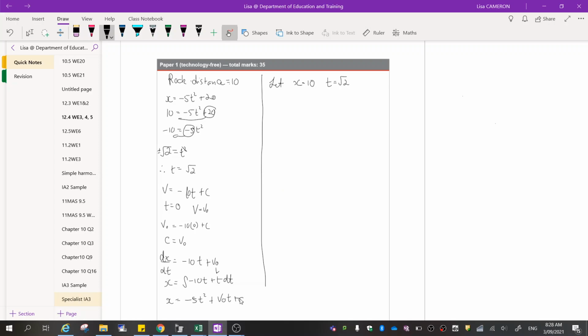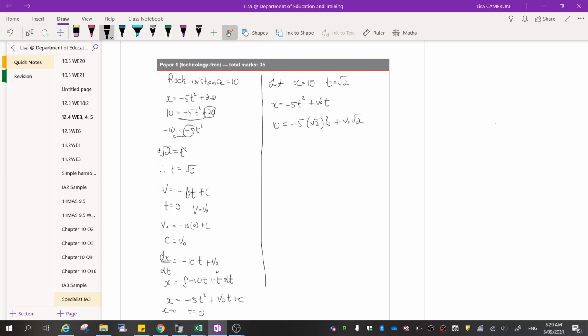Now, I've just realised that I didn't actually solve for c, but we use our initial fact that when x is equal to 0, t is equal to 0. So this times 0, this times 0, and the only thing left is that c is equal to 0. So our function works out to just be minus 5t squared plus v0t, and we lose our constant on the end. Now I'll substitute in. So 10 is equal to minus 5 times root 2 squared plus v0 times root 2.